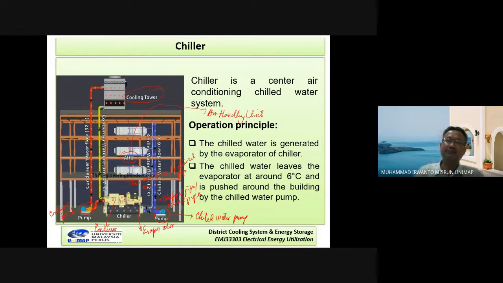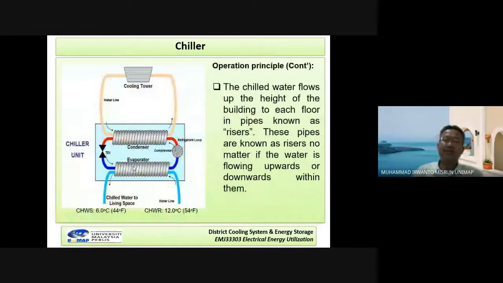Remember this. I repeat again: when the chilled water is generated by the evaporator at around 6 degrees Celsius, it goes out through the rise pipe and enters the air handling unit to cool the room.